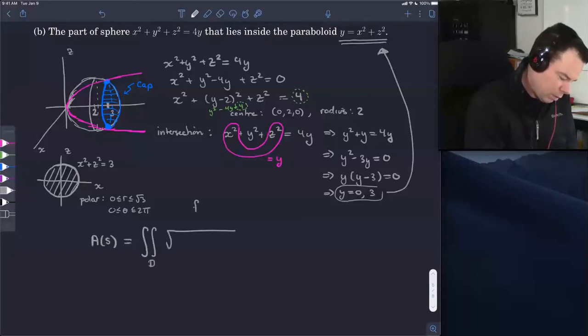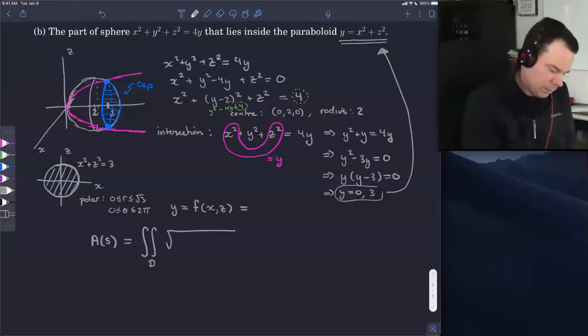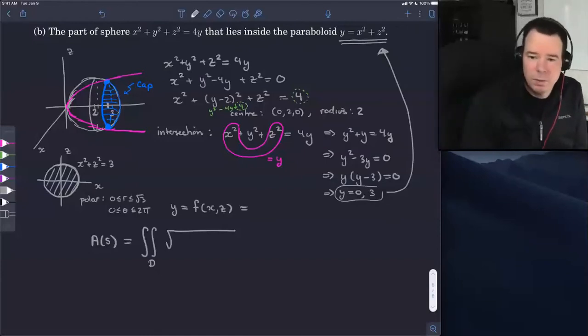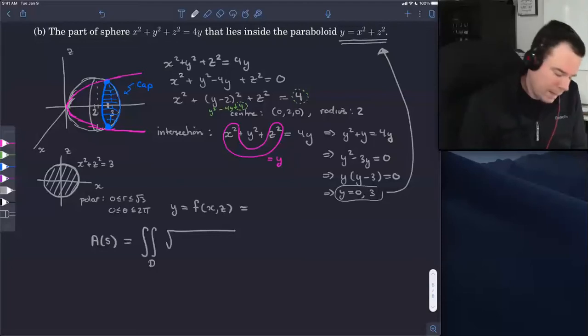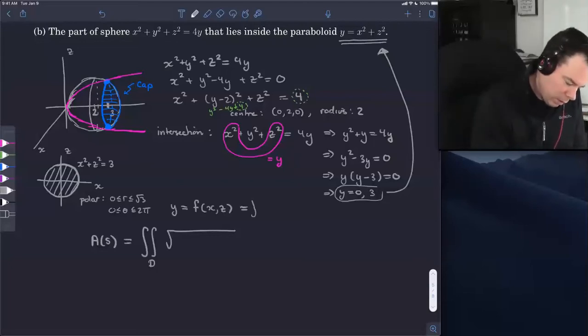What function are we integrating? It's going to be a function f of x, z, where y values are equal to f of x, z. And it's the portion of the sphere that we're interested in, the spherical cap. So let's focus on one of these equations to help us out with this.